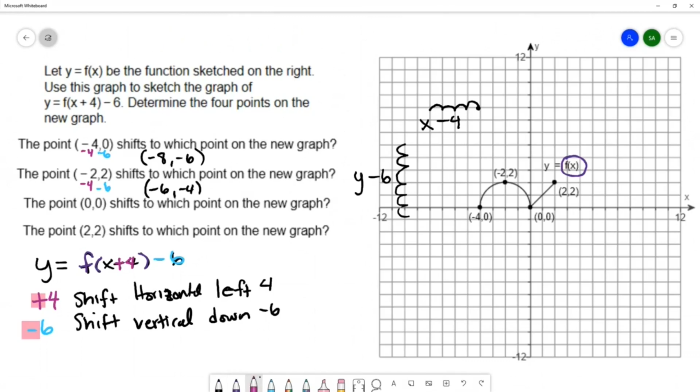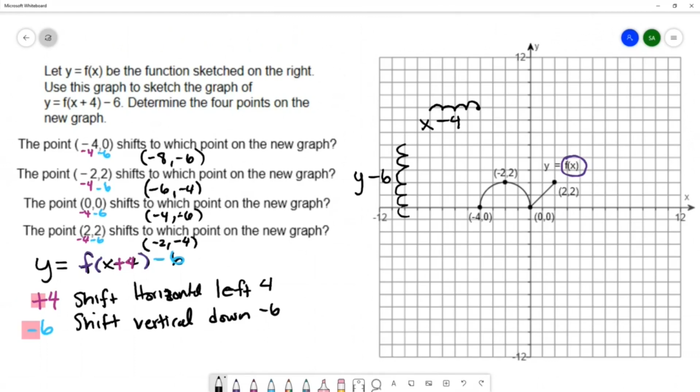Now I'm going to subtract 4 from the x of (0, 0), subtract 6 from the y of (0, 0), and we get to the point (-4, -6). Our last one, (2, 2), we subtract 4 from the x, subtract 6 from the y, and that gets us to the point of (-2, -4).